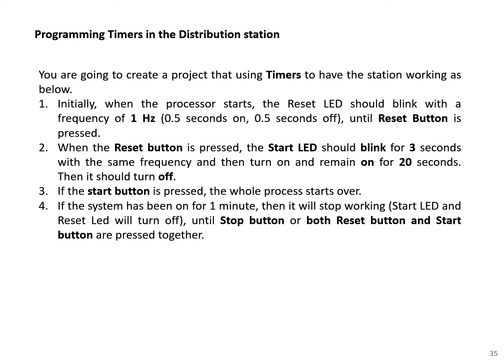By reset LED, we mean the LED which is located on the reset button of the station, but it could be any LED. For the purpose of programming the PLC, it doesn't matter what that LED is. 0.5 seconds on and 0.5 seconds off until the reset button is pressed.